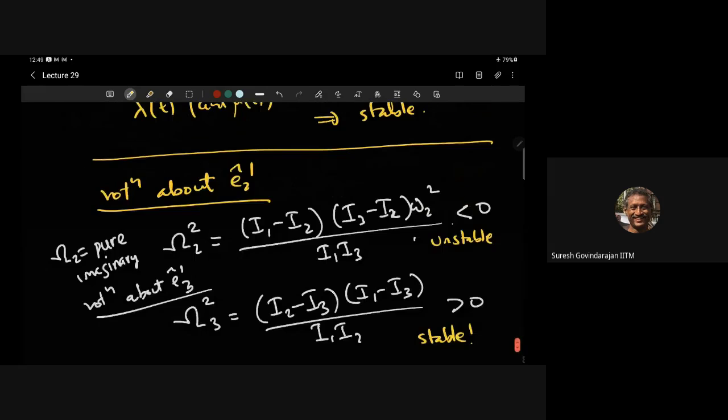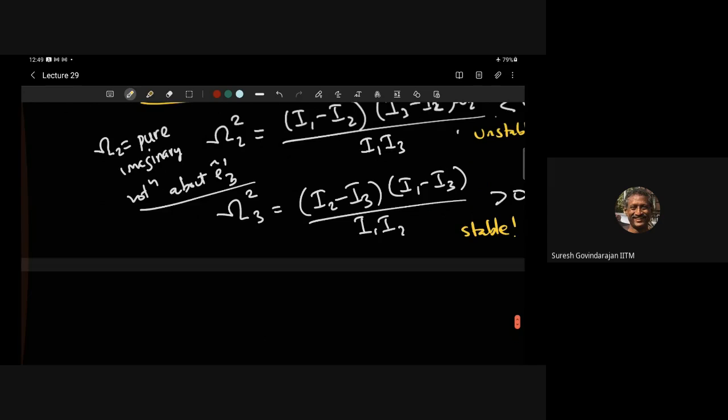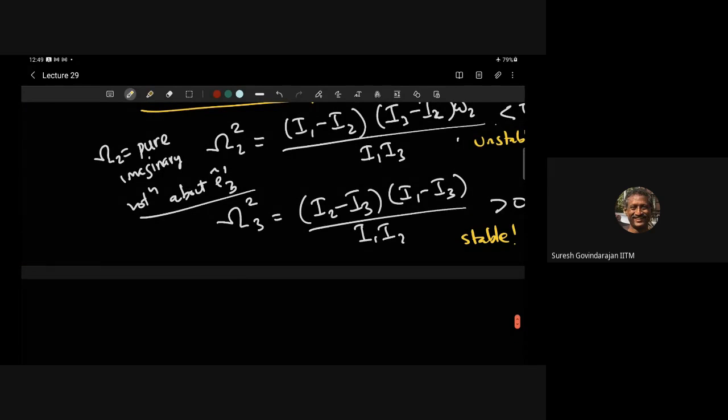Okay. Is this clear? So we can see that if you do rotation about omega 1, it is stable. If you do a rotation about omega 3, about E3, it is stable, but the other one is not. Okay.